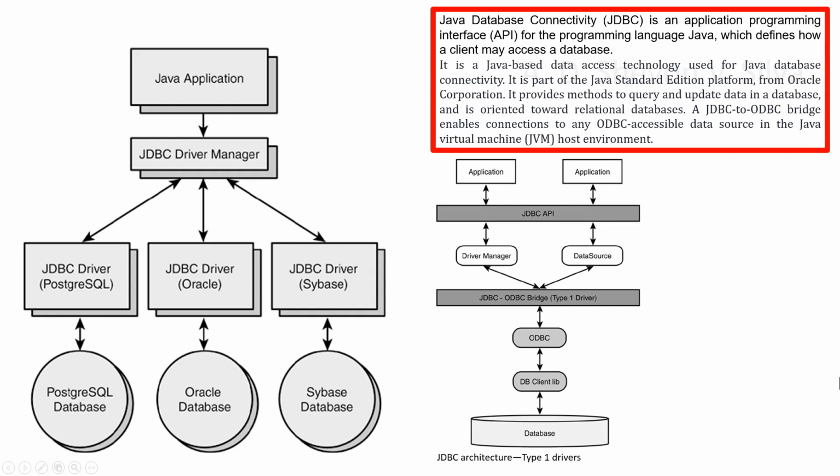Applications that use JDBC communicate to the database by using drivers. JDBC consists of two major sets of APIs, one for the application developers and another low-level JDBC Driver API for driver developers.